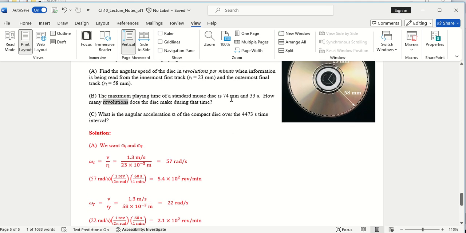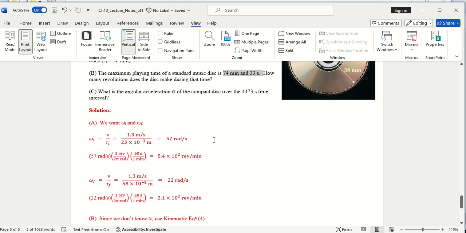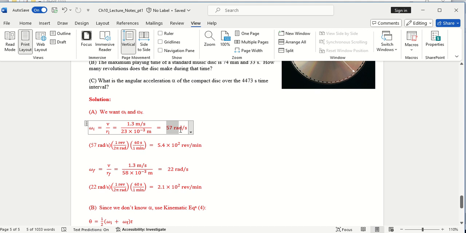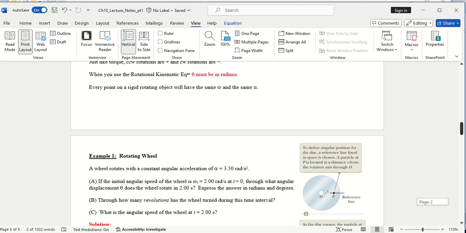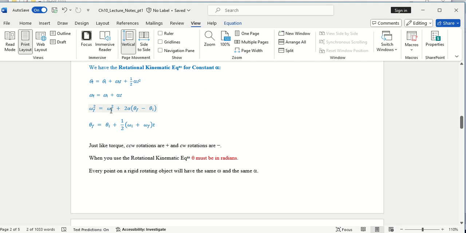I know T is the 74 minutes, 33 seconds. And I know omega initial. And I know omega final. So which kinematic equation do I want to use to get theta? Well, look at the fourth kinematic equation.